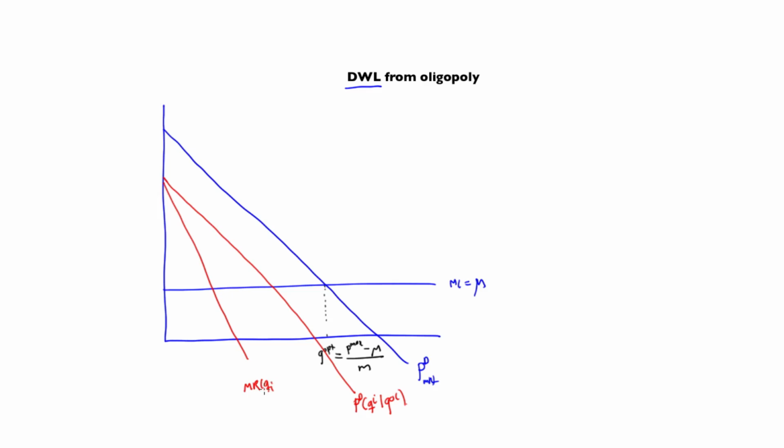As a function of Qi, given that the other firm is producing QL, the best response by this firm is, of course, to produce Q oligopoly, by either of them. That leads to a total output in the market, so let me improve the writing here, 2QOL is total output in the market, and that leads to this equilibrium price that I'm going to denote by P oligopoly.